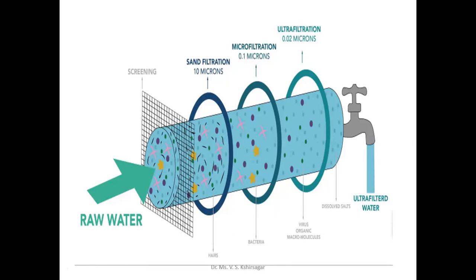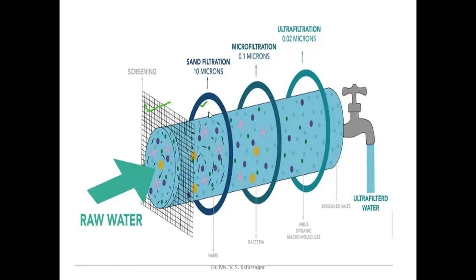So here we allow the water to enter at one end, and then there will be a screening, where smaller size particles that can be removed will be removed. You can see here this is the screening stage. Then it goes to sand filtration. In the sand filtration, particles up to 10 micron will be removed, meaning particles smaller than 10 micron move forward.